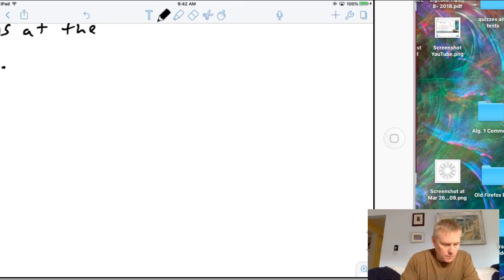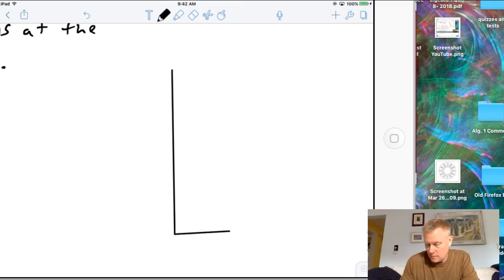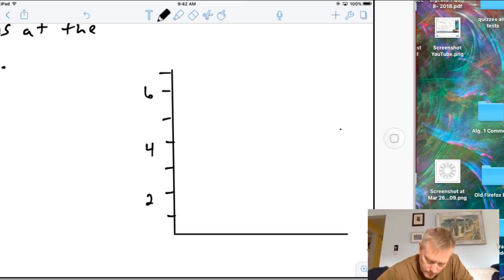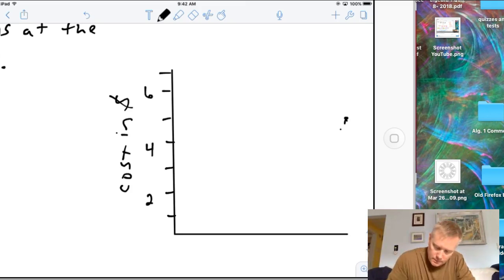I'm going to draw a quick graph. This side is going to be the cost in dollars.